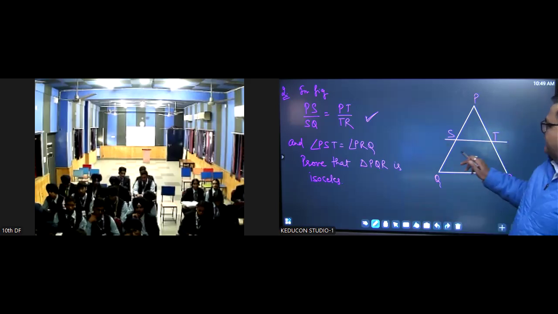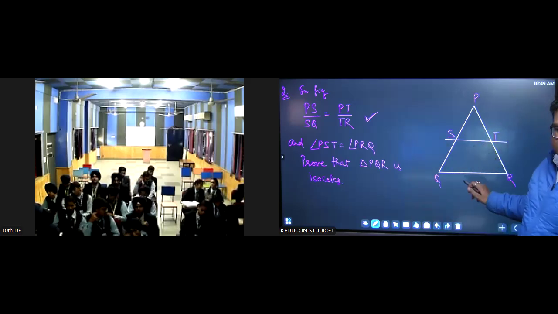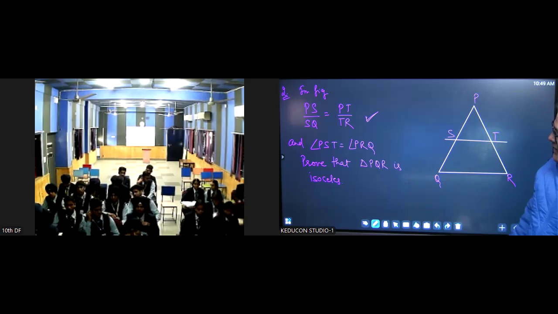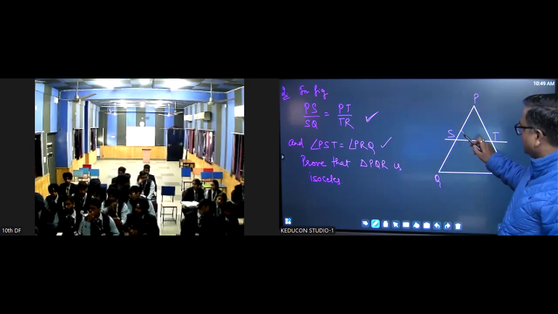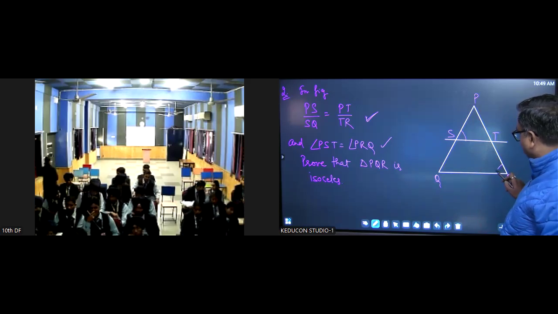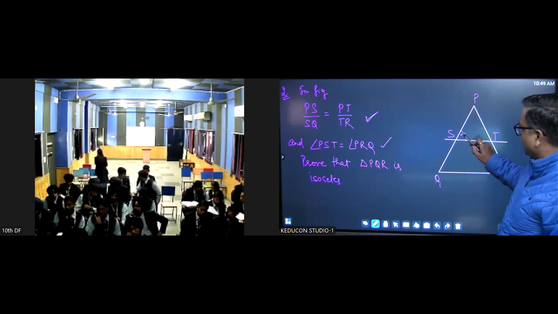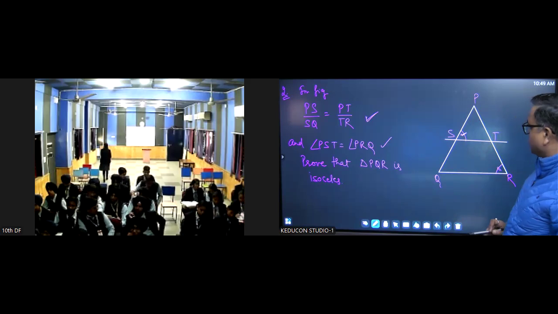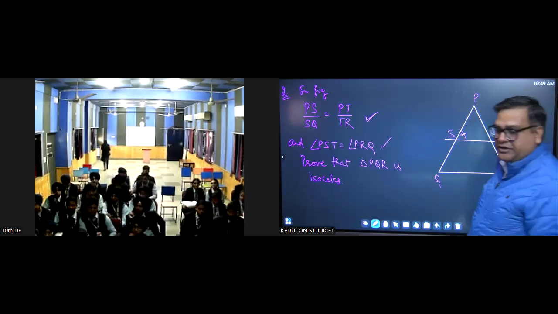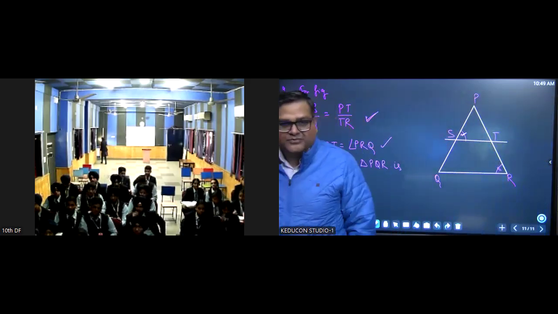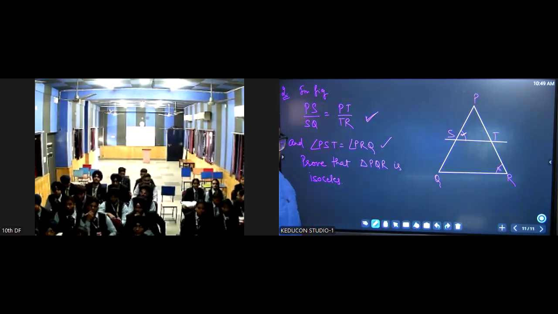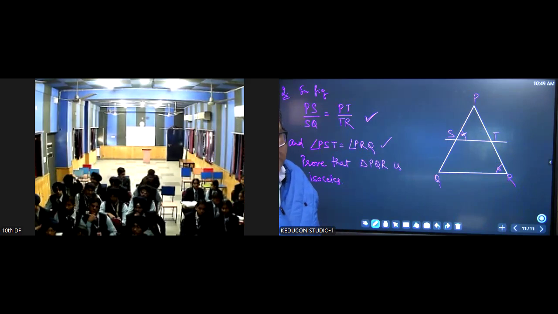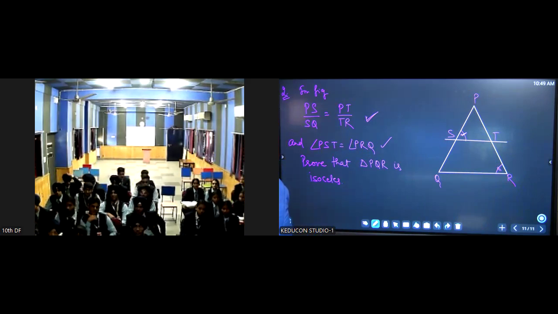When this thing is given, these two will be parallel. This angle is also given equal to this angle. This angle is also given equal. You have to prove that triangle PQR is an isosceles triangle. How to do this? Who will explain? Okay. Please, anyone.